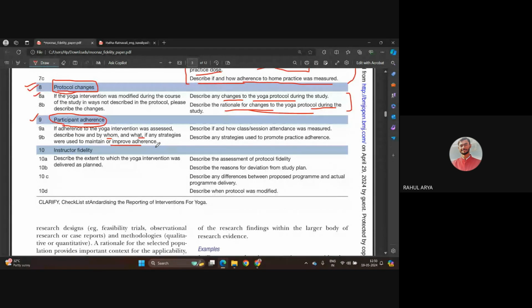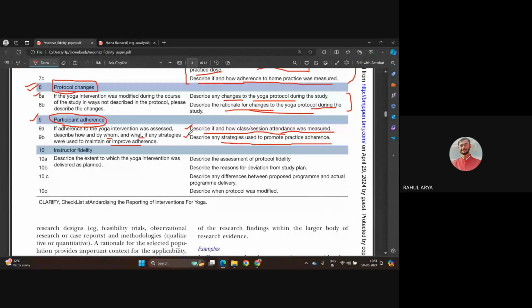They are not practicing. They are not concentrating. So you also have to maintain that. Describe how class session attendance was measured. Who measured the attendance? Students or teacher? Sometimes they feel they are absent themselves. Describe any strategies used to promote practice adherence.